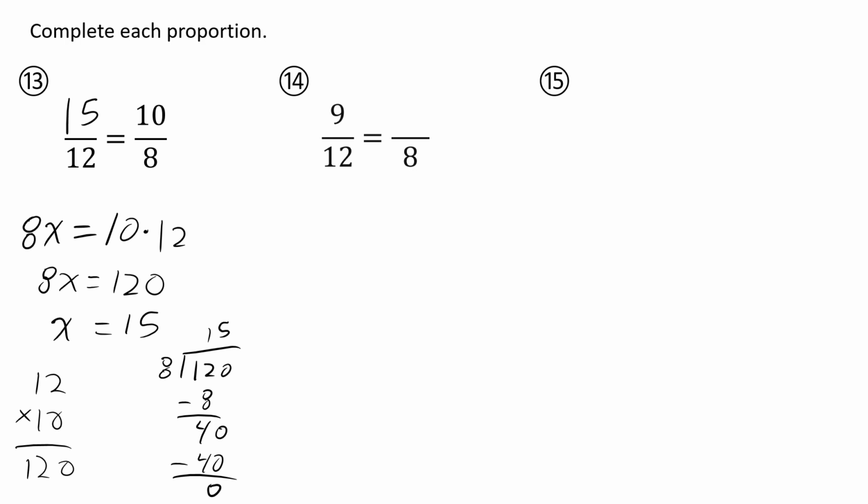For question 14, please copy down 9 over 12 equals blank over 8. All right, so 9 over 12 equals blank over 8. Since I'm trying to have a fraction equal to another fraction, we call this a proportion. And we can solve a proportion using a cross product, or some people will call it cross multiplication.